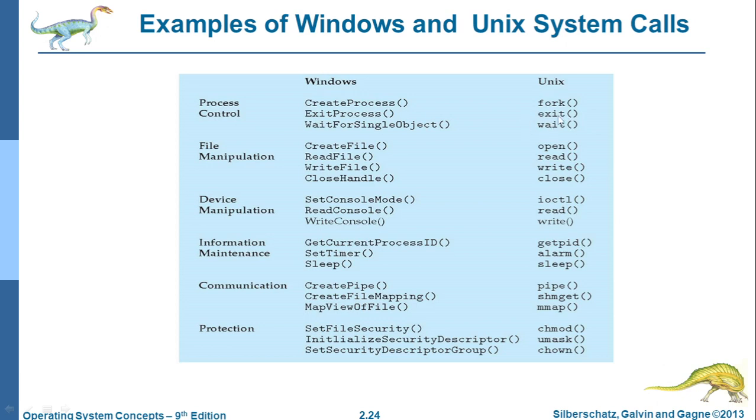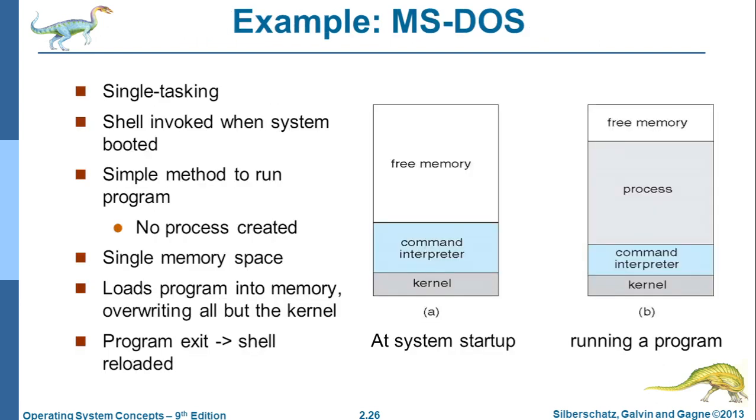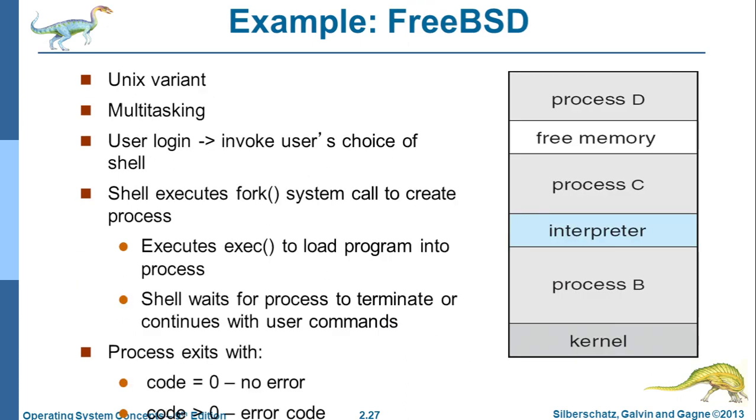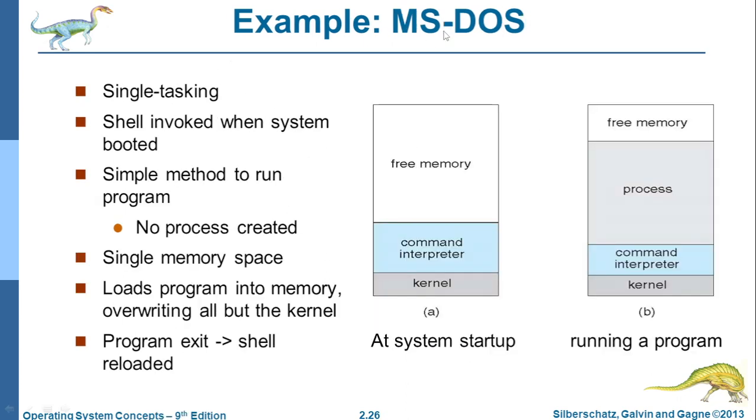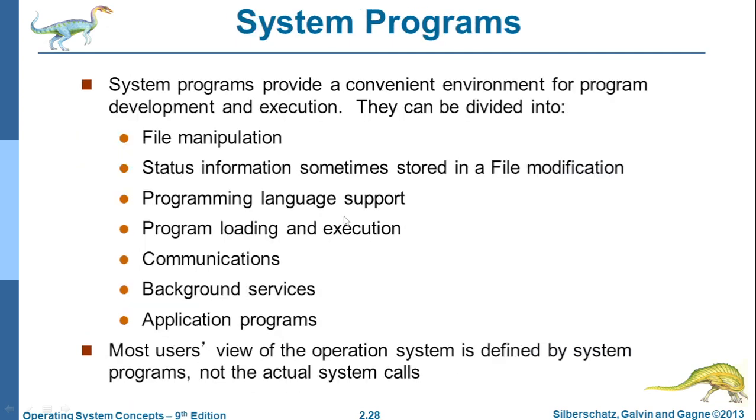Here in Unix we use exit. Right? These are the system calls. These are basically examples of system calls. Okay. One example operating system is MS-DOS, right? FreeBSD is an open source operating system.